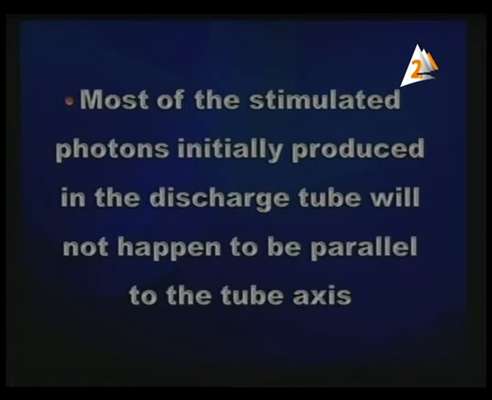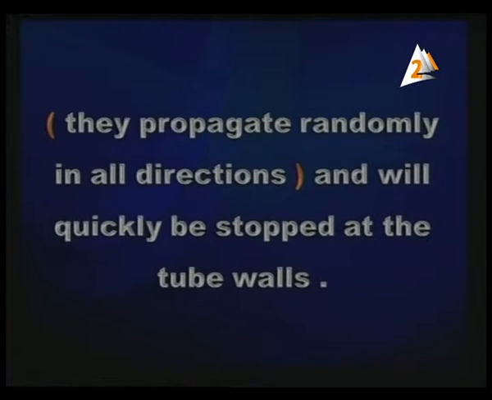Most of the photons initially produced in the discharge tube will not be parallel to the tube axis. They propagate randomly in all directions and will quickly be stopped at the tube walls.